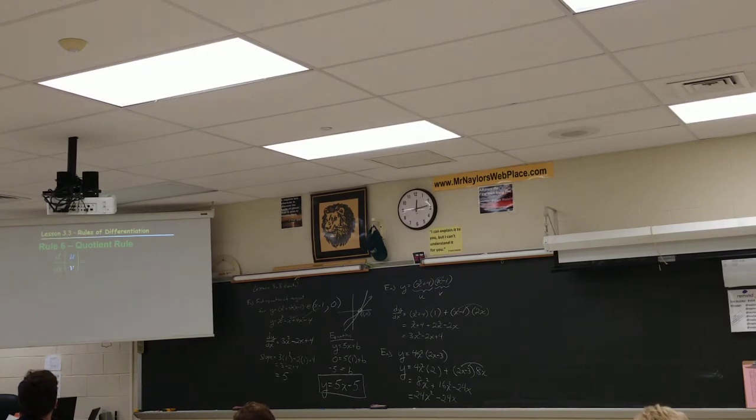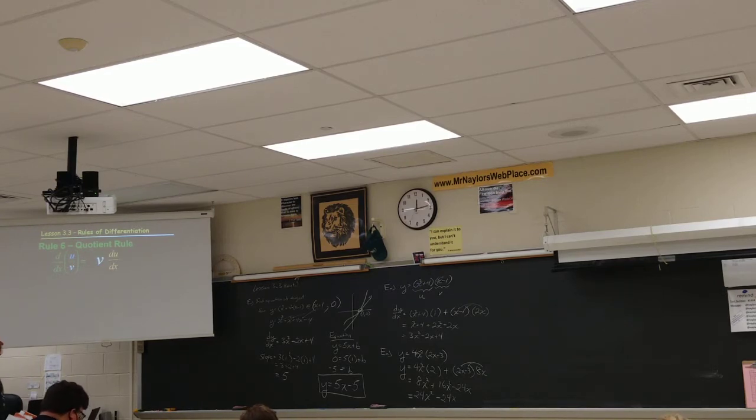But if you use the quotient rule, it obviously is going to involve the numerator and denominator. Okay, but it involves it like this. Again, are you kind of warming up a little bit to the UV notation? U is the numerator, V is the denominator.